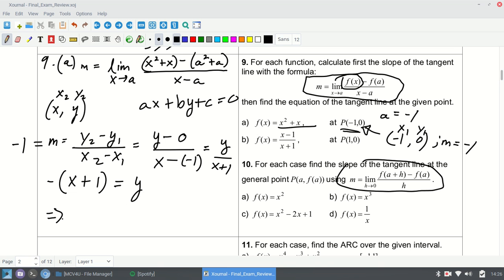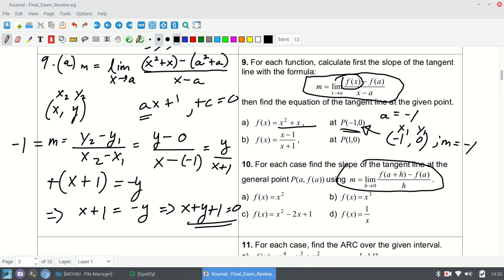And then what you usually do for this form, the a has to be positive. So right now, if I expand, the a is going to be negative, so I'm going to multiply both sides by -1, which means I change the signs of both. So I end up getting x plus 1 equals -y, and then I bring y to the other side, and I get x plus y plus 1 equals 0, and I've got my equation. That's what they wanted. Okay, so that's the first one.